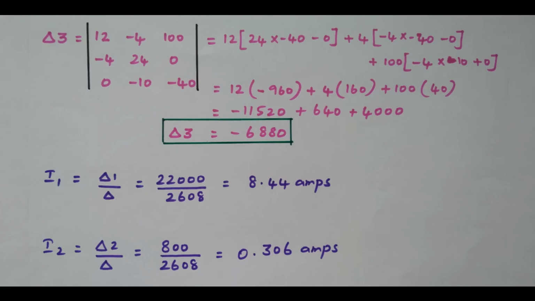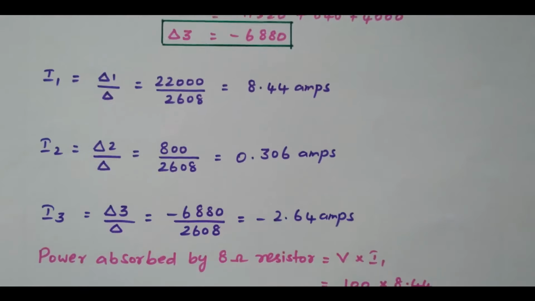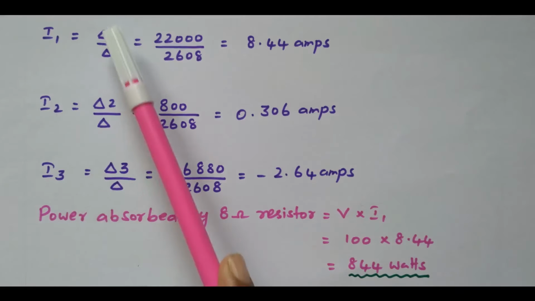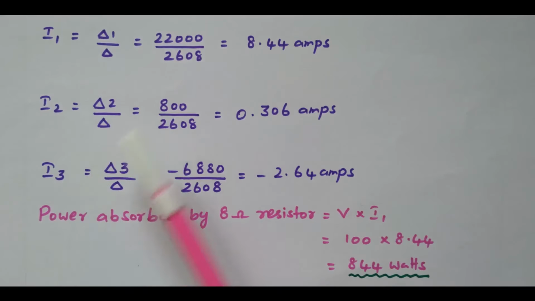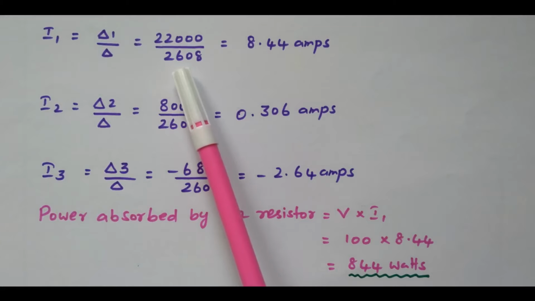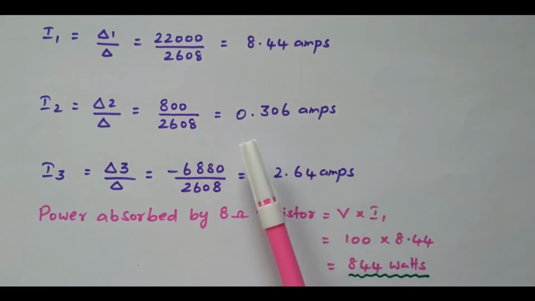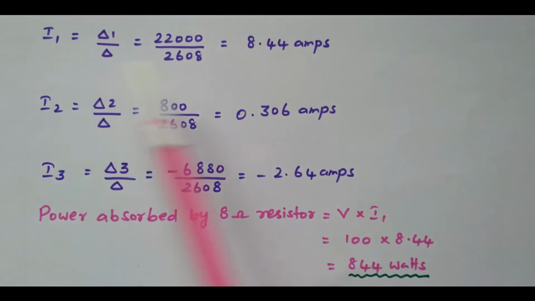Now we calculated delta 1, delta 2 and delta 3. From that we can find I1, I2 and I3. What is I1? Delta 1 by delta. 22,000 divided by 2,608. That is 8.44 ampere. The current flowing through the first loop I1 is 8.44 ampere.